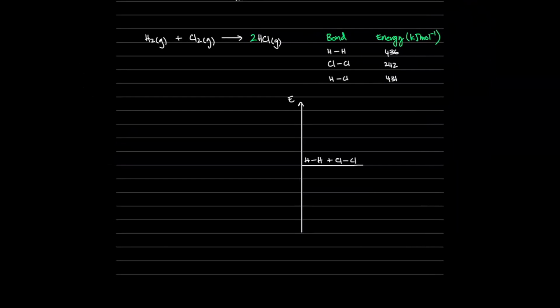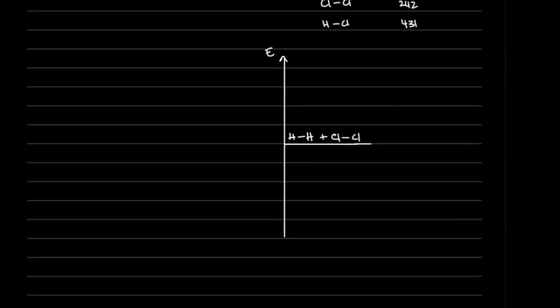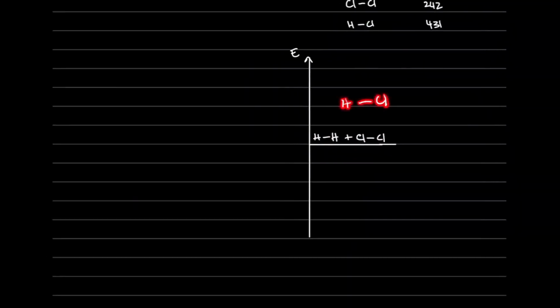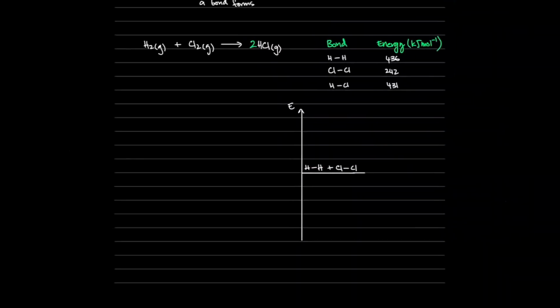And initially क्या करना होगा? I want the hydrogen and the chlorine to combine, right? तो पहले मुझे हाइड्रोजन का बॉन्ड तोड़ना पड़ेगा और क्लोरीन का भी बॉन्ड तोड़ना पड़ेगा, right?